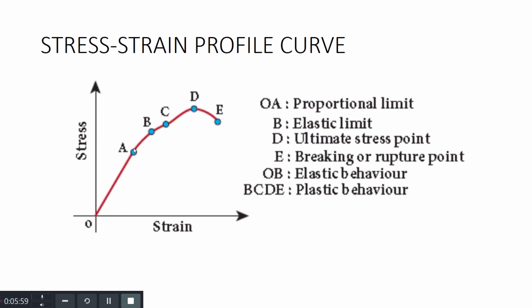After point A, Hooke's law is no longer valid, and we call this the elastic limit. On further applying the stress, further strain will produce in the body, and after point B the body will no more regain its original size and shape.